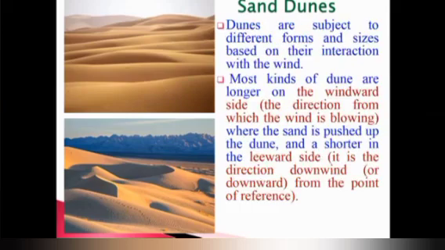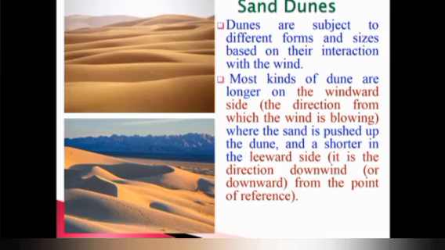Dunes take different forms and sizes based on their interaction with the wind. Most kinds of dune are longer on the windward side. So what is meant by windward side?